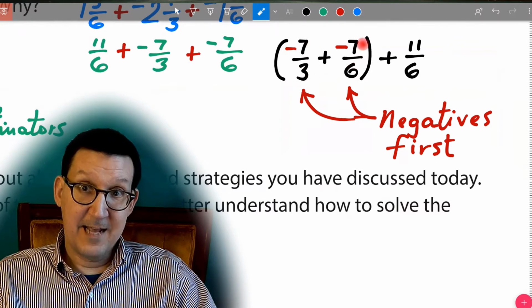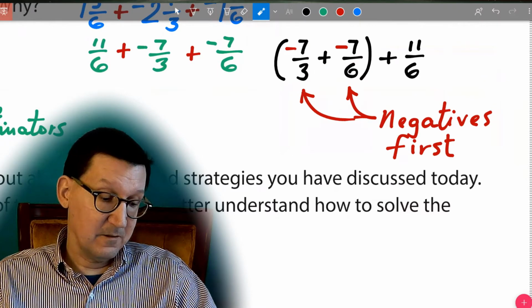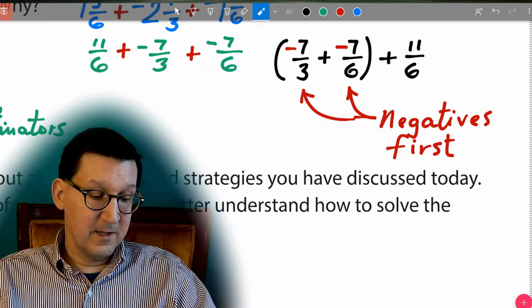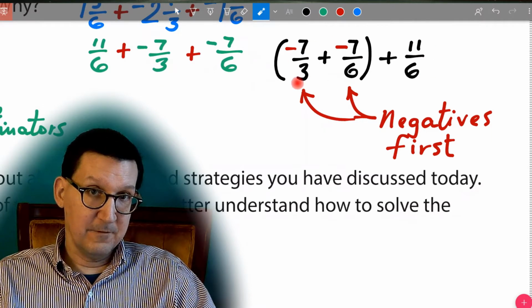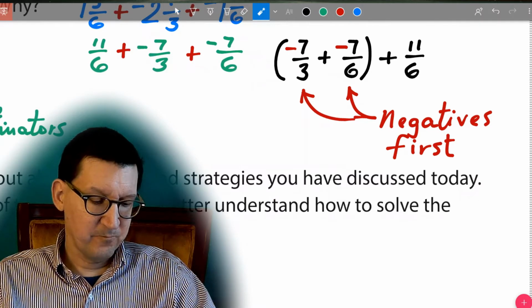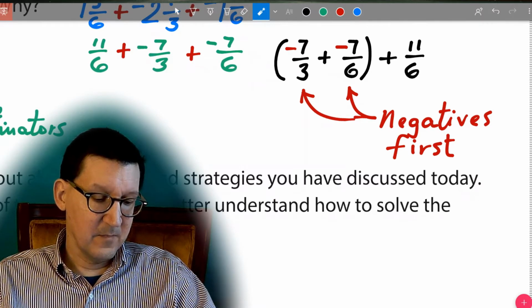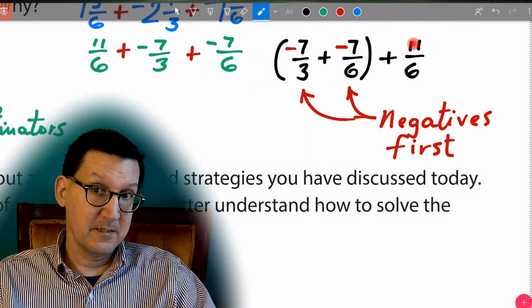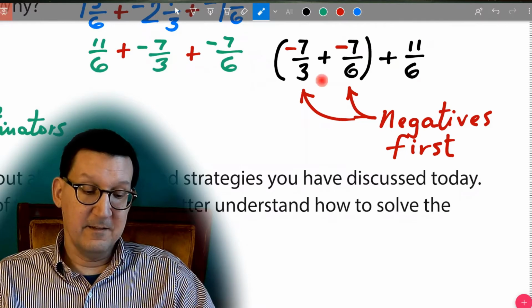So we add them together, and then we take that sum and add 11/6. Now we're going to get a negative result from this because we're adding 2 negatives together, so we know the answer is going to be negative. So this is going to be a subtraction problem, taking this sum and then adding this. But we know that we're getting the addition out of the way first.